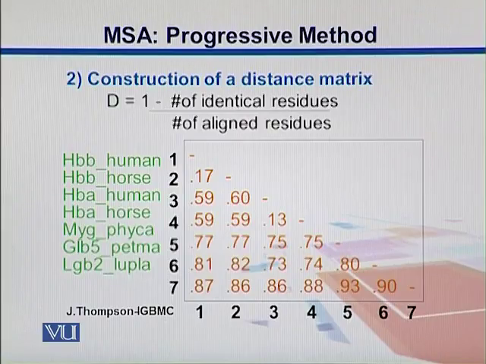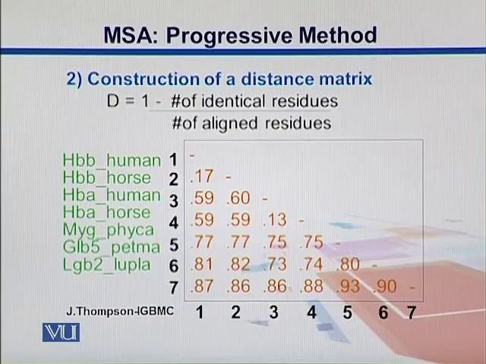Here on the x-axis and y-axis we have the same sequences. In this example, which we took from this reference, they use hemoglobins and related proteins, myoglobins, etc., in humans and other related species.